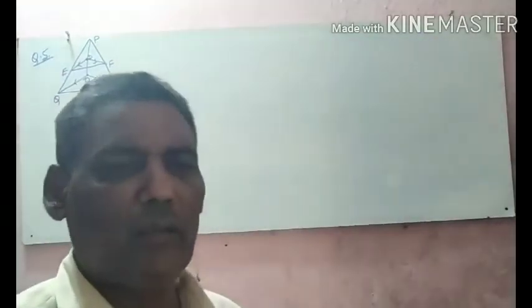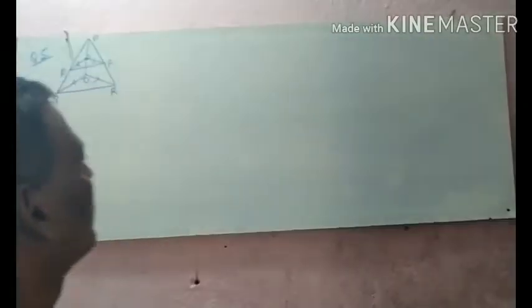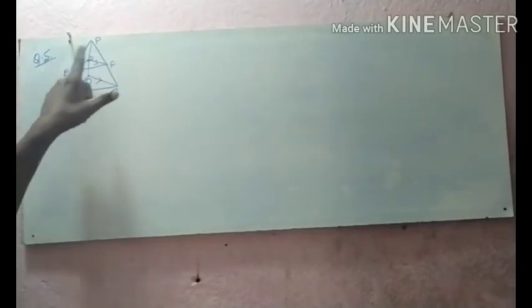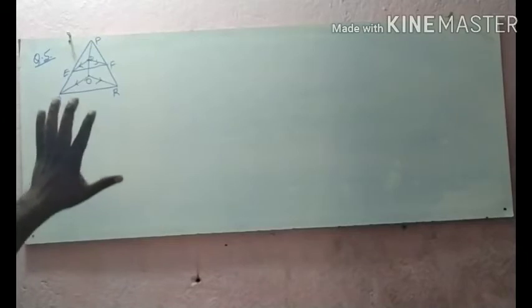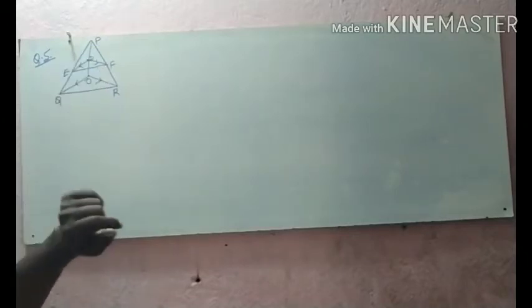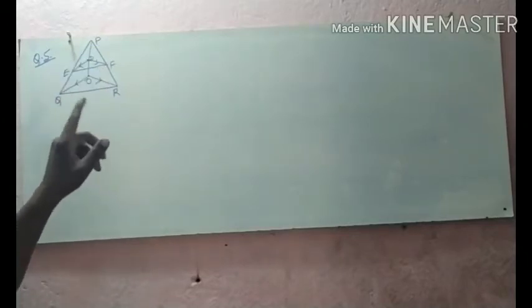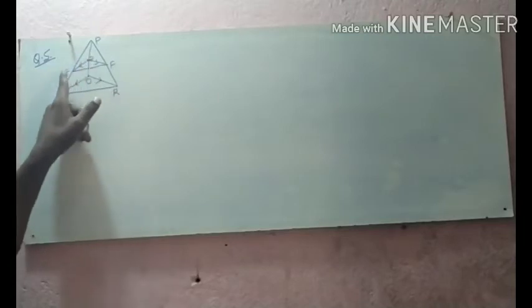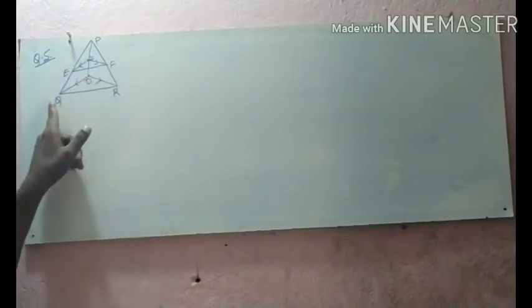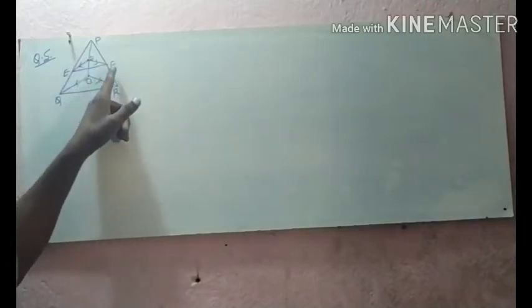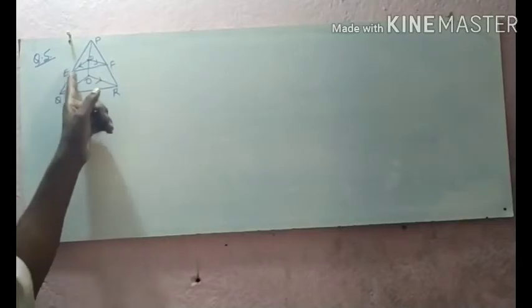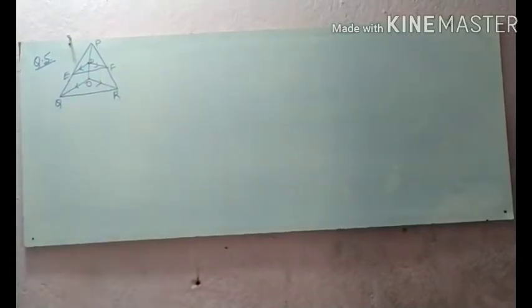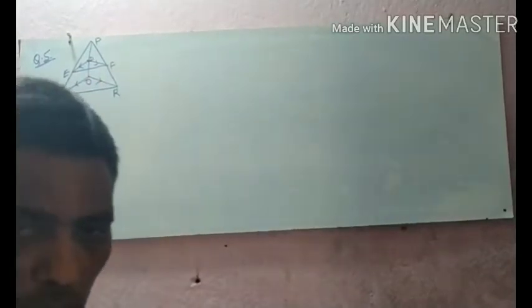Now question number 5. This figure is given in the question. According to the given figure, we have given that DE is parallel to OQ and DF is parallel to OR. Then we have to decide whether EF is parallel to QR or not.